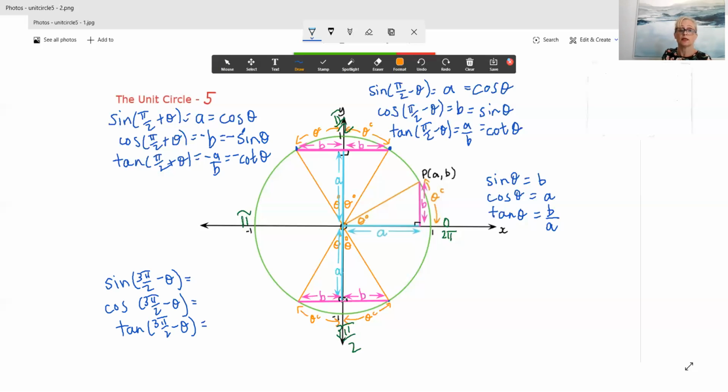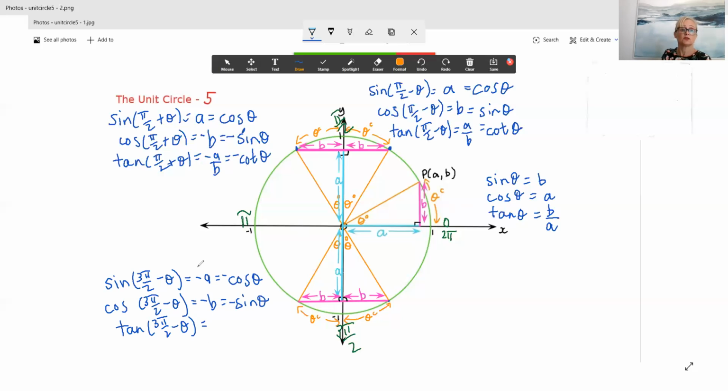Okay, well, sine here is the y value, which is down at negative a. That's the same as cos of theta, but it's negative. Cos here, you've gone b to the left, that's your x value, so it's negative b, which is the same as sine of theta, but it's negative.